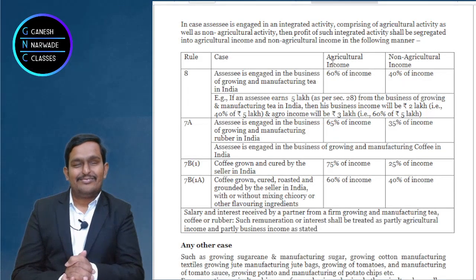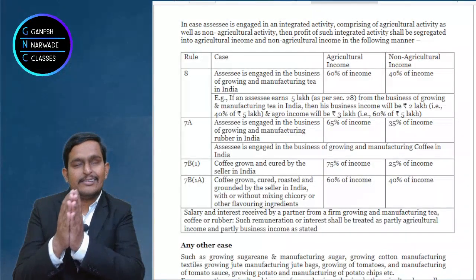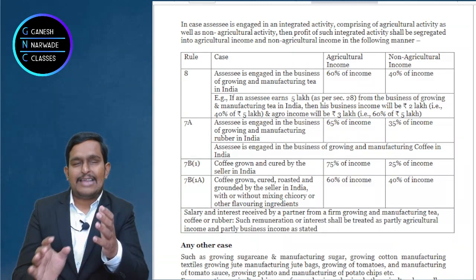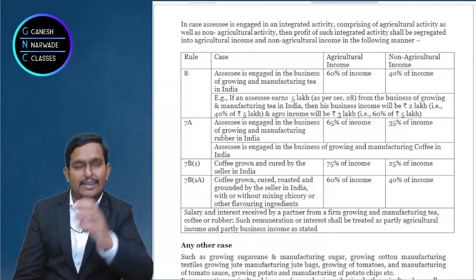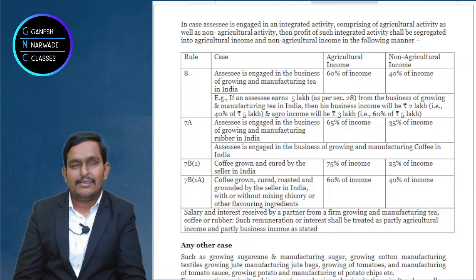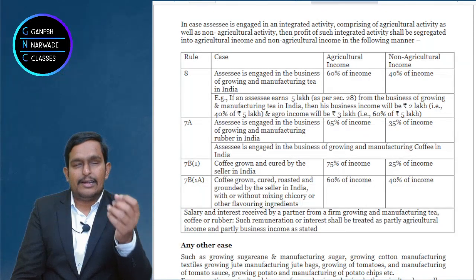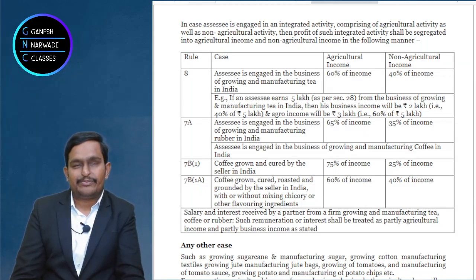Now I'll tell you the problem that happened and then we'll discuss the theory. The problem is that, like, Tata Tea is there. So they have their own tea farms in Assam and many other places. From that they take the leaves, then they convert them into tea powder, then they pack it, they sell it.